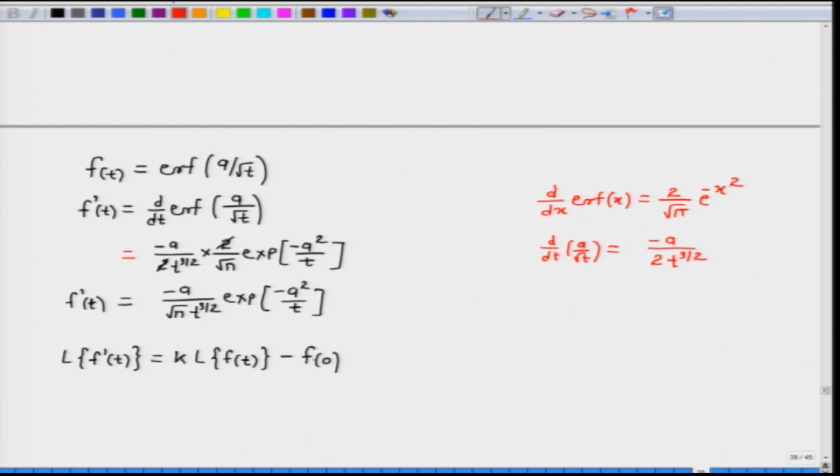Since our f of t is error function a by root t, as t tends to 0, f of 0 tends to error function infinity, which should be equal to 1. So, the right hand side here will be k times L of error function of a by root t minus f of 0, which is 1.